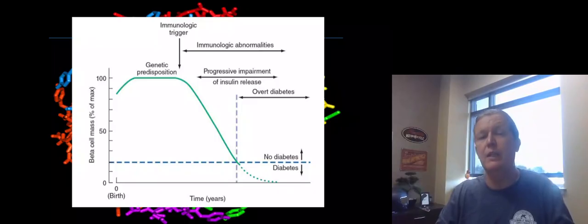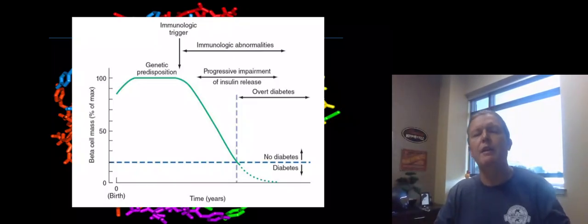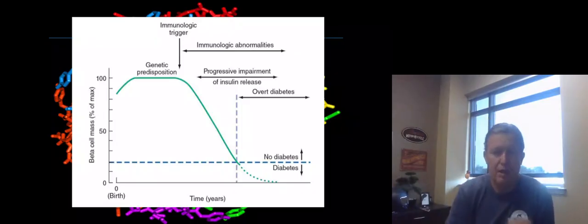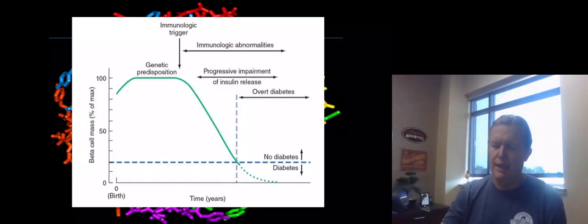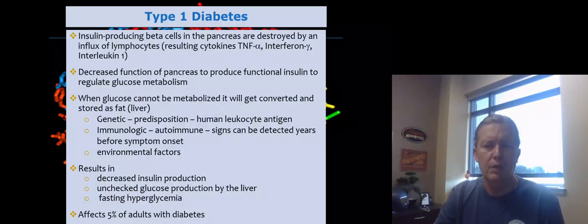And so this baby could easily develop type 1 diabetes very early in life because they may not have even gotten to 100% of their beta cell mass, and already they begin to lose beta cells in response to this immunologic trigger. So this is what we know so far about type 1 diabetes and its causation, its evolution.